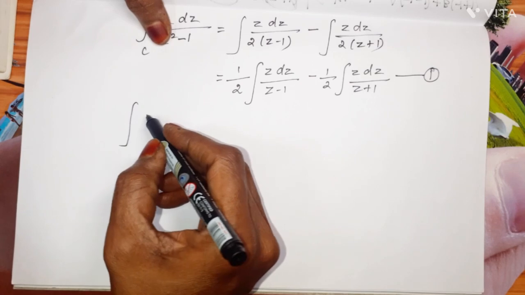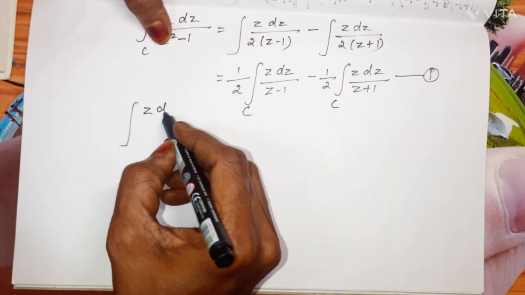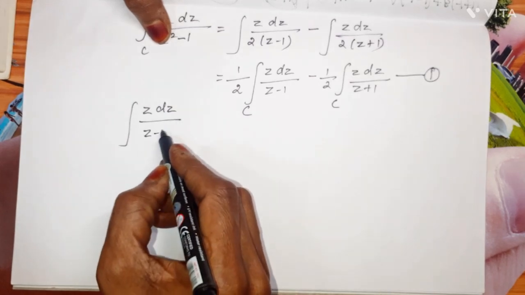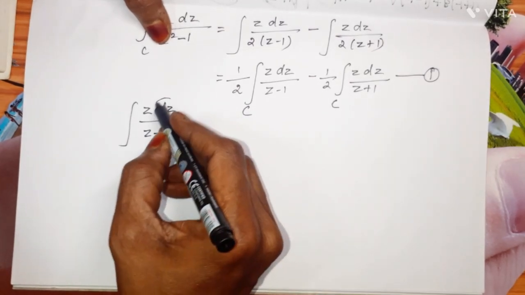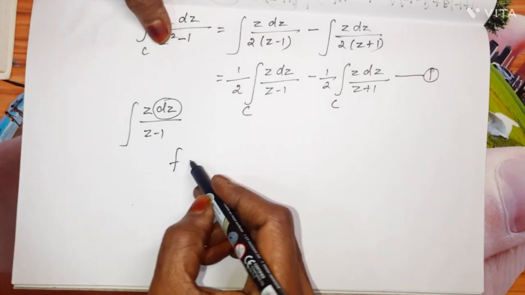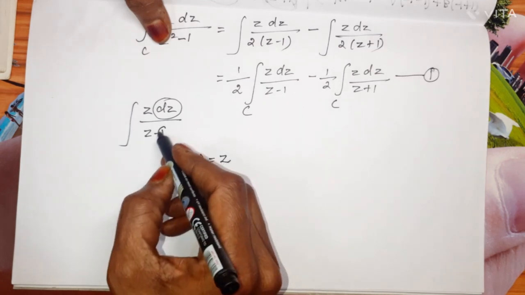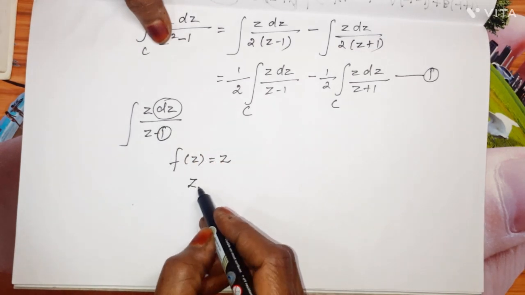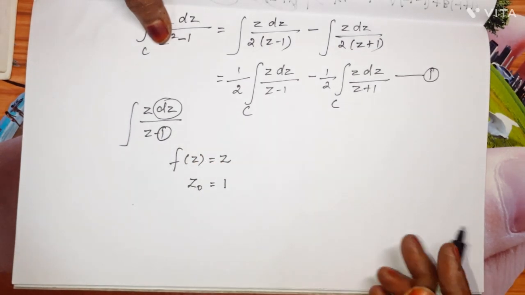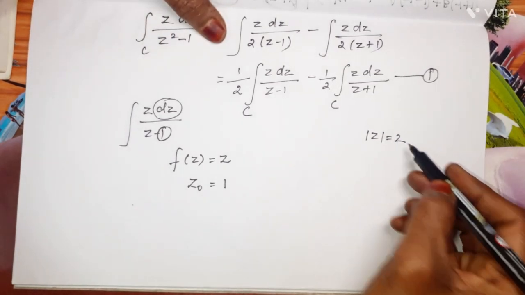I am taking the first one, integral over c z dz by z minus 1. In this, excluding the dz, whatever term is in the numerator, let it be f of z. So f of z is equal to z, and this term is z naught. So z naught is equal to 1. The circle given is mod z equal to 2.